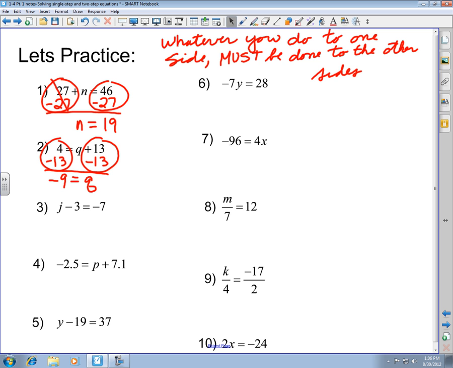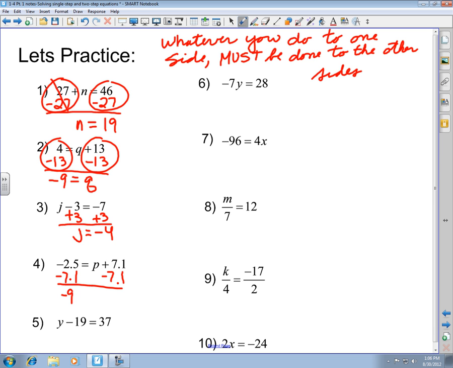All right, let's continue. j minus 3 equals negative 7. So I'm going to undo subtraction with addition. So j equals negative 4. Same thing here. p plus 7.1. I want to get the p alone, so I'm going to subtract 7.1 from both sides.